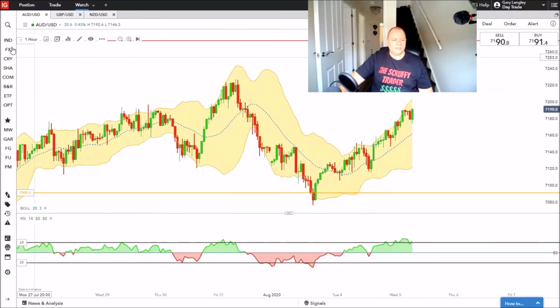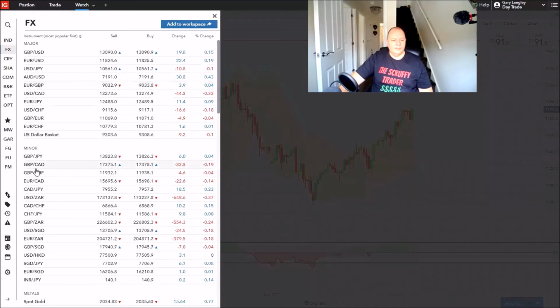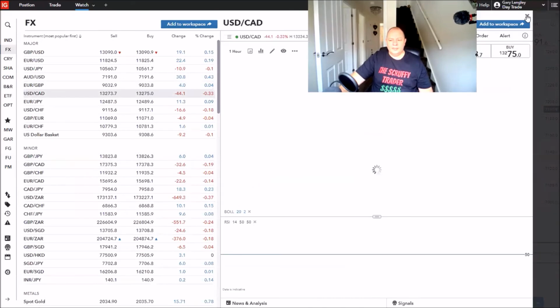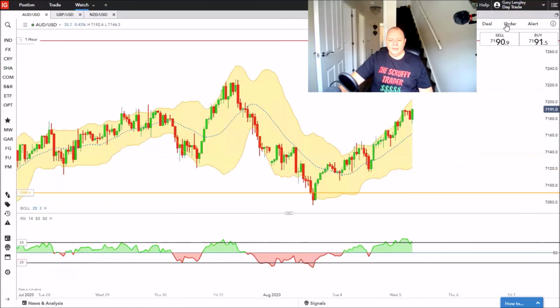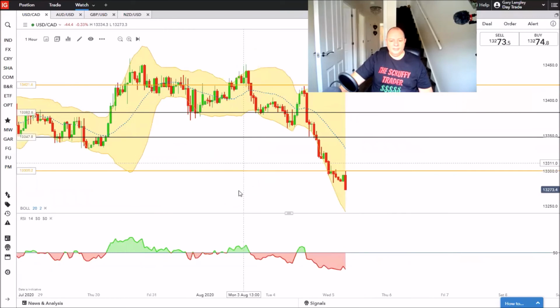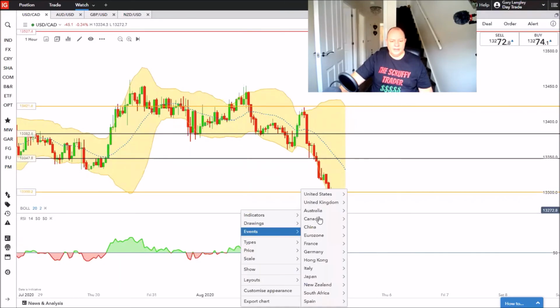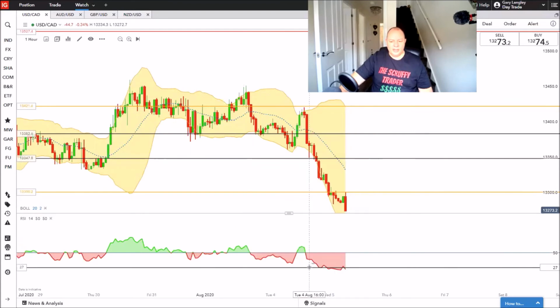USCAD. Now this one caught a lot of people out yesterday. But this one is definitely something I'll be keeping an eye on today.